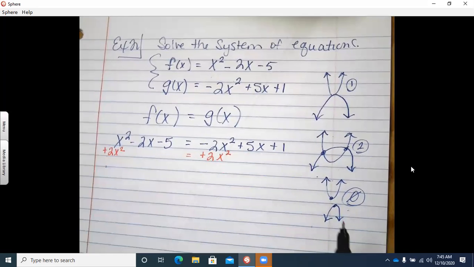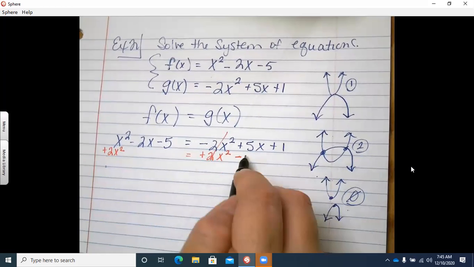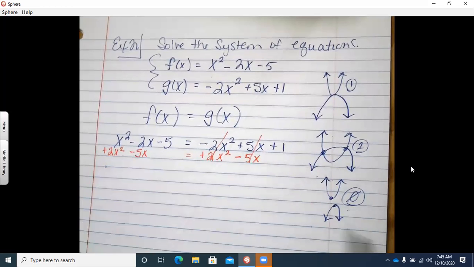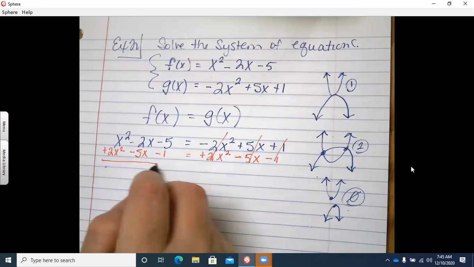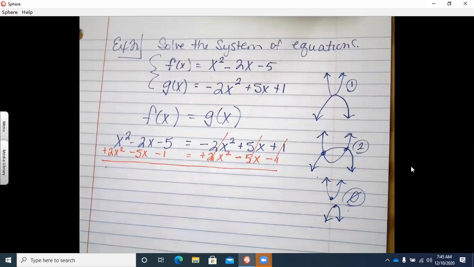So the 2x squared on the right will cancel. I'm going to subtract 5x from both sides, line it up with its like term, and I'm going to subtract 1 from both sides. So on the right side of the equation, we should now have 0. All right?